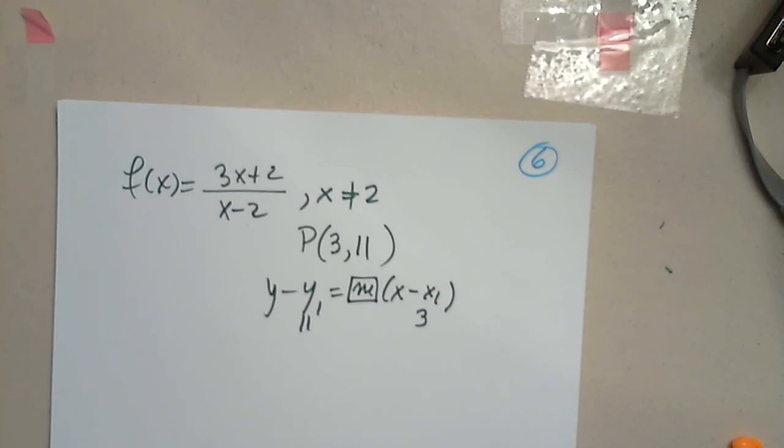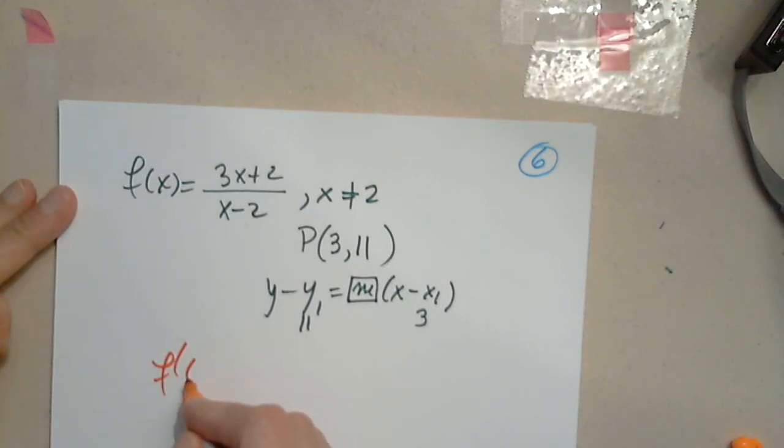Is this okay so far? And now the question is, how do I determine the slope? So how do I get the slope at 3? Well, the slope at 3 is f prime of 3.